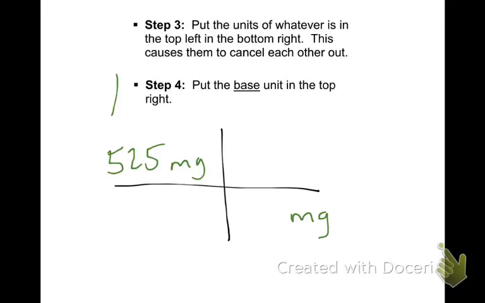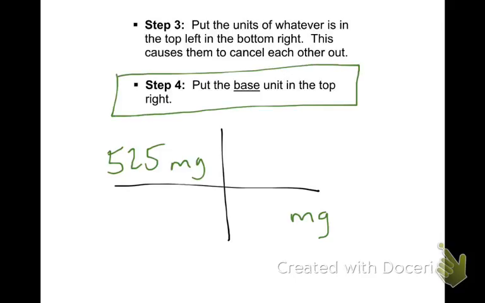What I want you to take note of, though, in particular, is step 4. It says put the base unit in the top right. So what that means is now we're simply using the conversion factor that we wrote way back on the second slide: 10 to the negative third grams equals 1 milligram.